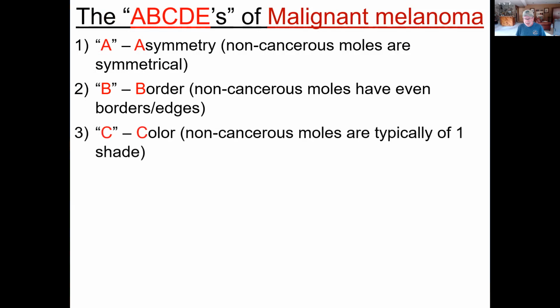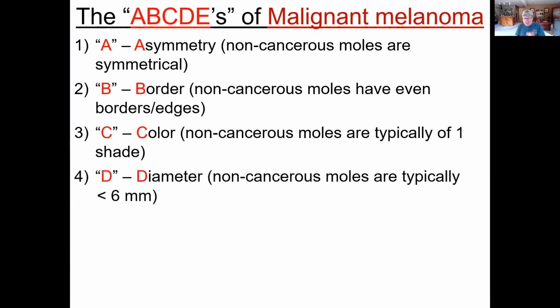Color. Well, as you know, the malignant melanoma typically is very dark, pigmented, brown to purple to black. Moles typically don't have that particular variation in different colors. Usually one shade versus multi-dark shaded of the tumor.